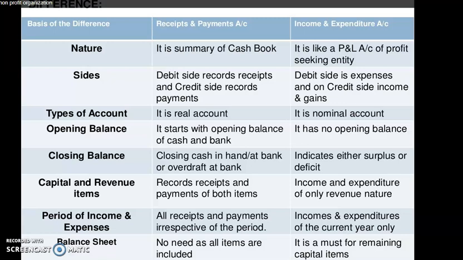Under the income and expenditure account, all the incomes and expenditures of the current year only. Then on the basis of balance sheet, for the receipts and payments account, no need as all items are included. For the income and expenditure account, it's a must for the remaining capital items.